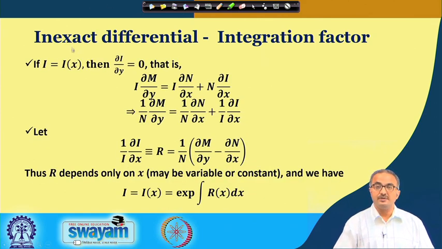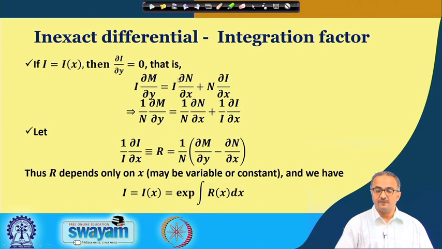Now, after this transition, let us first assume that I is a function of only x. In general, I is a function of both x and y, but first we are assuming that I is a function of only x. If that is the case, then ∂I/∂y will be 0.